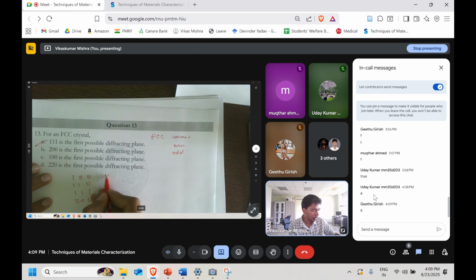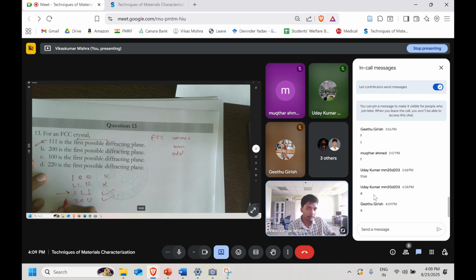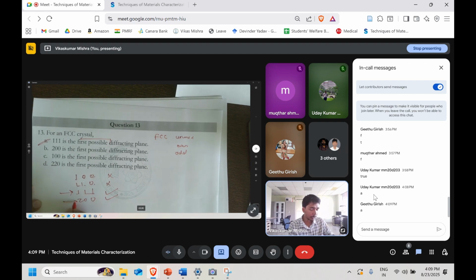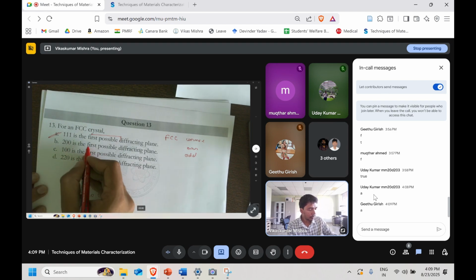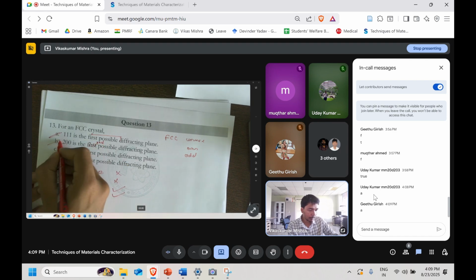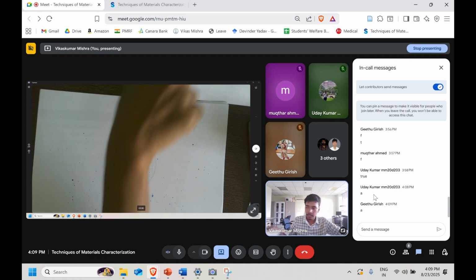Here 1, 0, 0 will not satisfy because 1 is odd and 0 and 0 are even. That is mixed. 1, 1, 1, all are odd, so it will satisfy. 2, 0, 0 will also satisfy. So the first possible one is 1, 1, 1, and the second possible will be 2, 0, 0. If I wrote second possible instead, then option B would also be right. Okay guys, very good. Let's move to the next question.